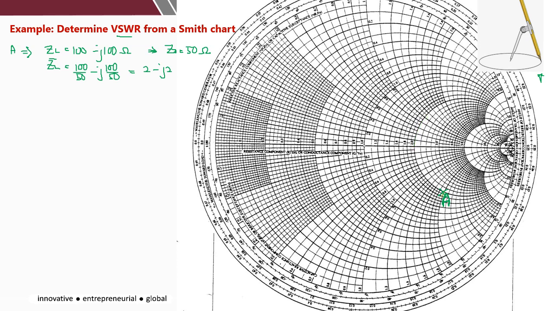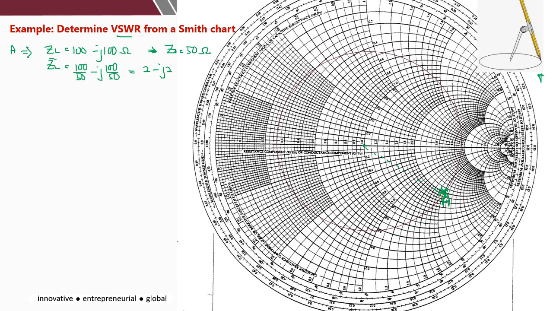Alright, next, to find the VSWR, draw a circle from the center. So this is the center. So you use your compass protector and draw a circle from the center up to point A. So you get this line.